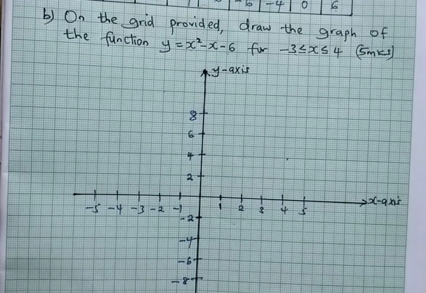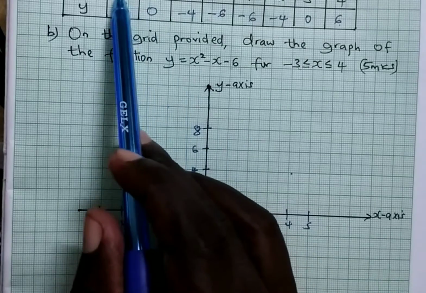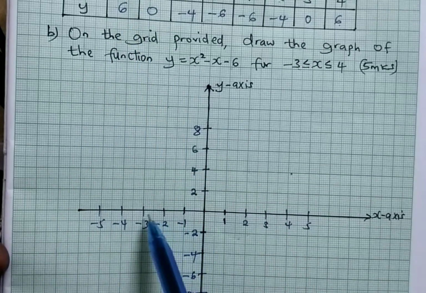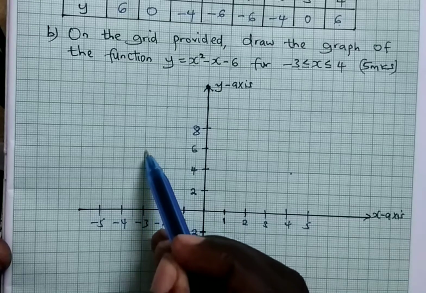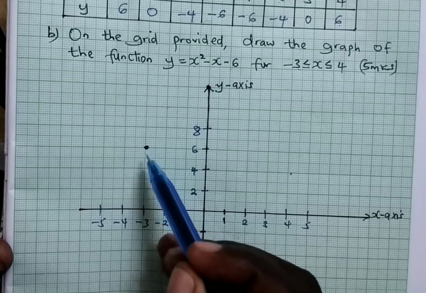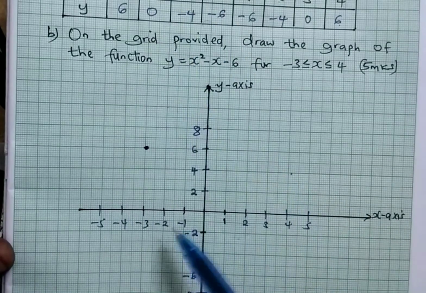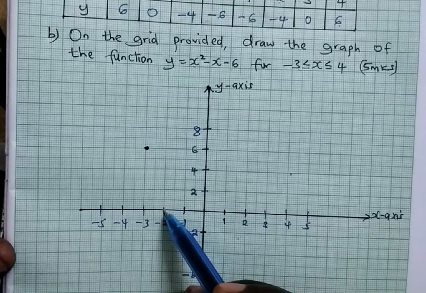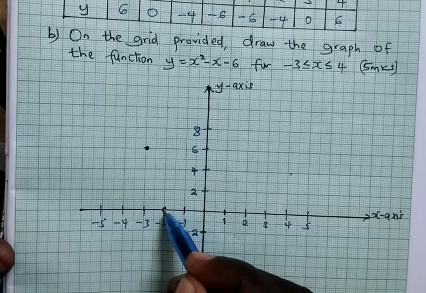And we know when the value of x is -3, y is 6. x is -3 at this point, y is +6, so we move up until we see +6, and this will be our first point. And when the value of x is -2, y is 0, so it remains at this particular point.